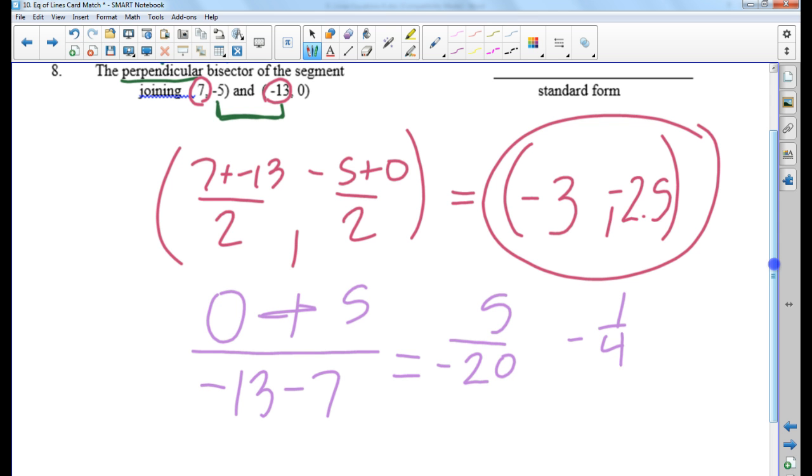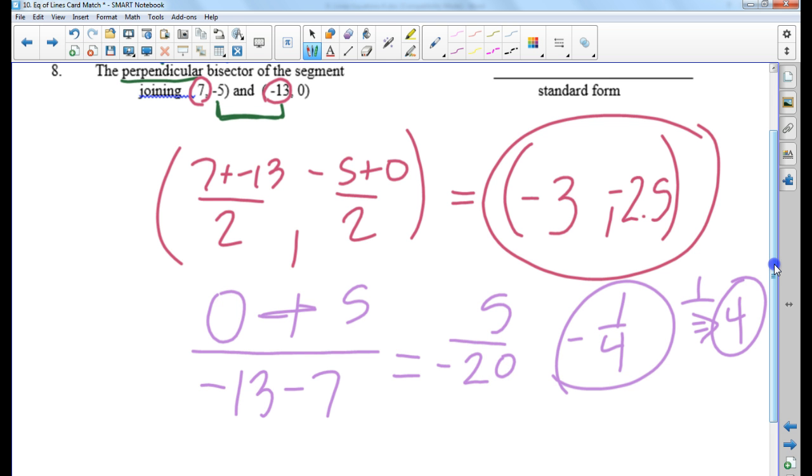Negative 1/4. Now, that's the slope of the line, but we want to be perpendicular to that line. So, Raquel, what is the slope that would be perpendicular to negative 1/4? 4. Very good. Not equals 4, but it changes into 4 when we make it perpendicular.